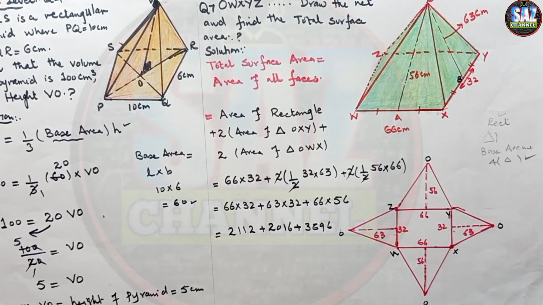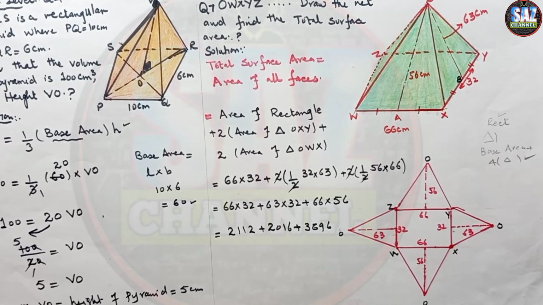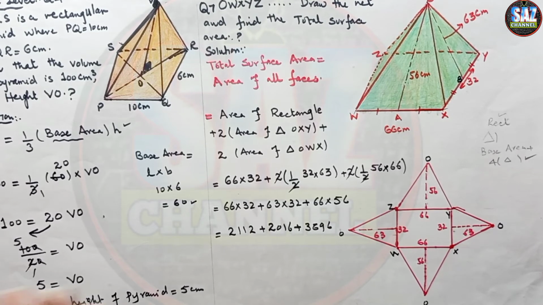Now add up all the values: 2112 plus 2016 plus 3696 gives me 7824 centimeters square, and this is the total surface area.